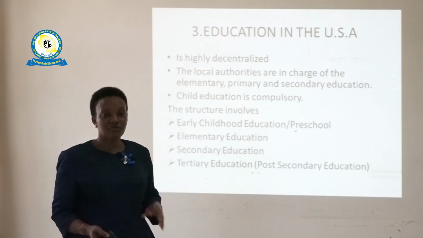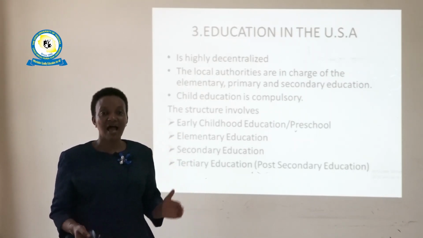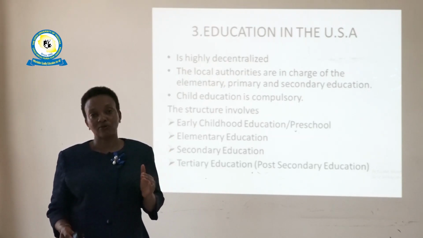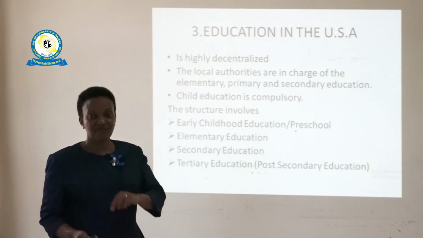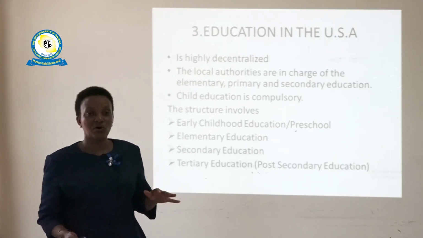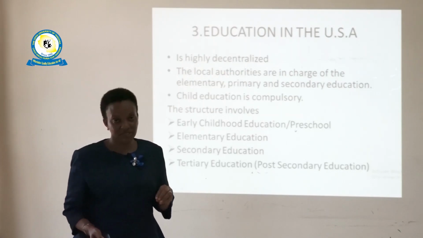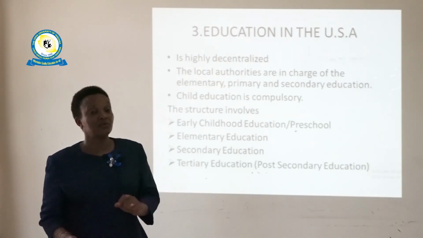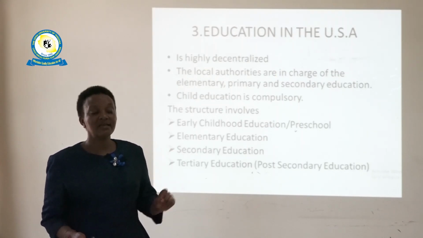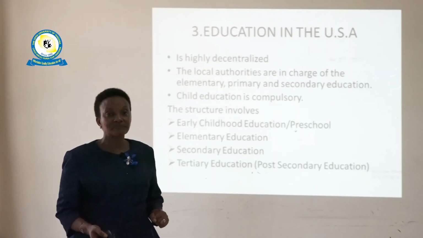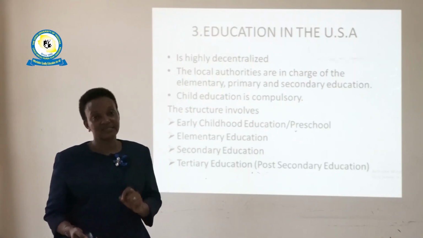So the local authorities, the institutions, and the private sectors have access to control, plan, manage, and administer the education system in the United States of America. That's why it is highly decentralized, and child education is compulsory for any child.